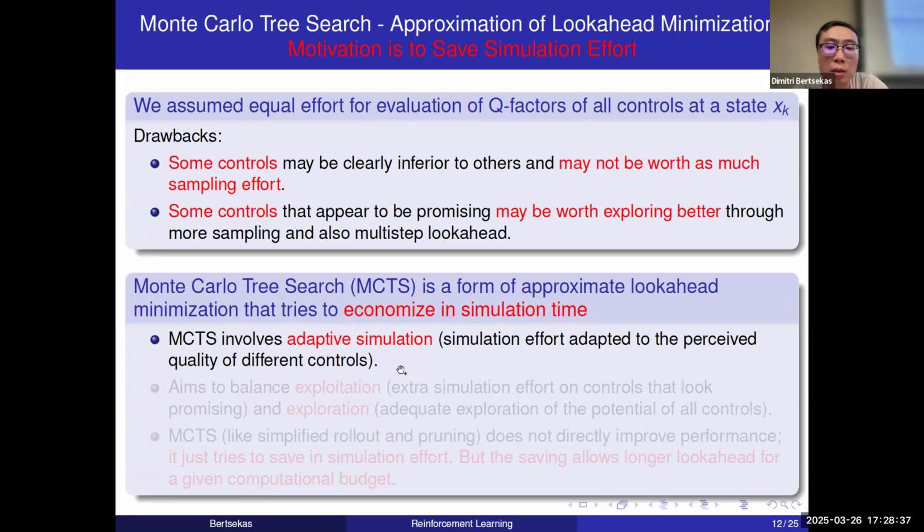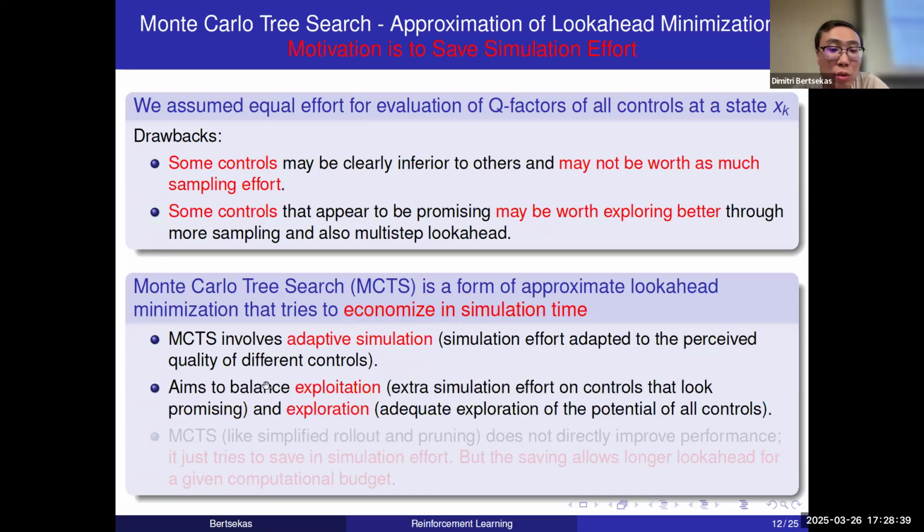And it aims to balance exploitation, which is extra simulation effort on controls that look promising, and exploration, which is adequate exploration of the potential of all controls. Those two words appear in both the offline training process and the online play process, and their roles are slightly different.